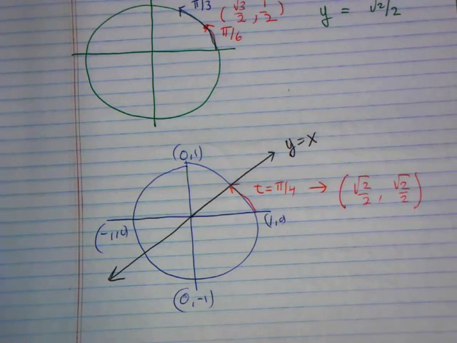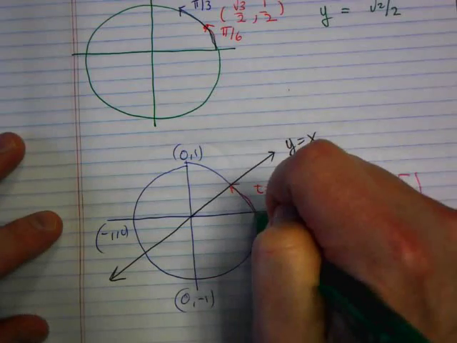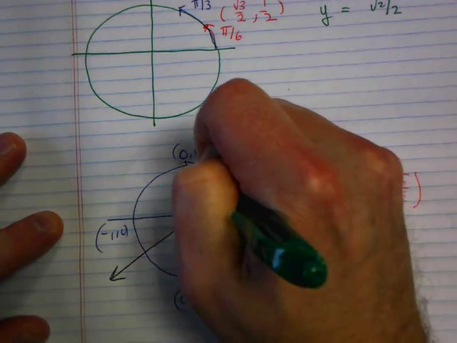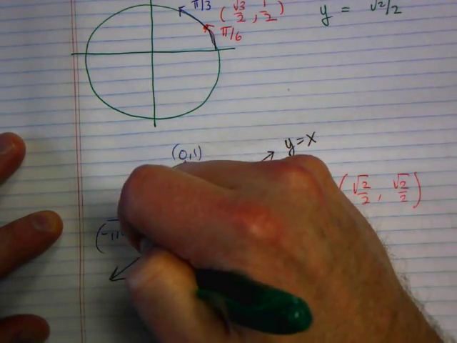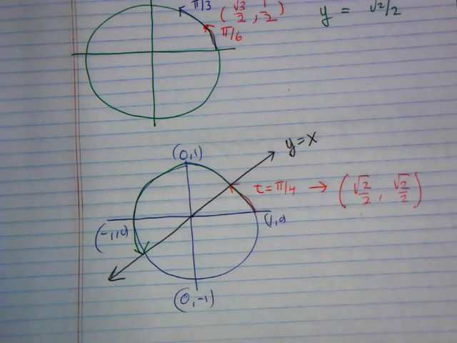What if, however, I asked you for that arc length? How far is that? 1 pi?